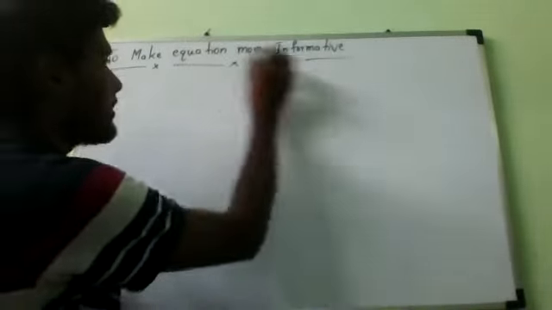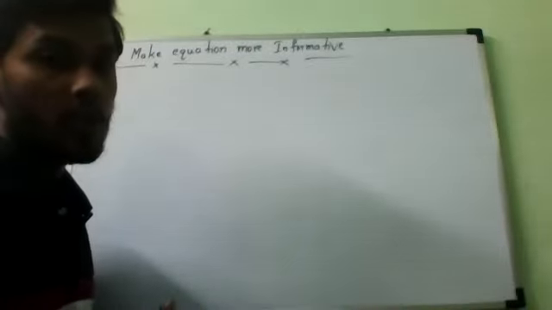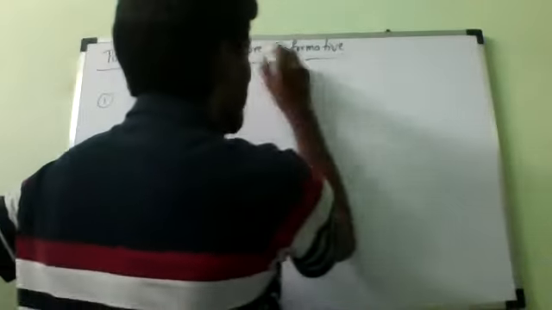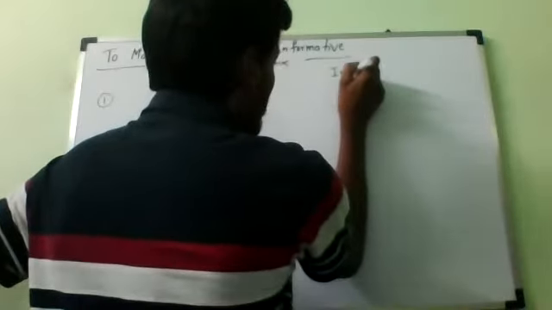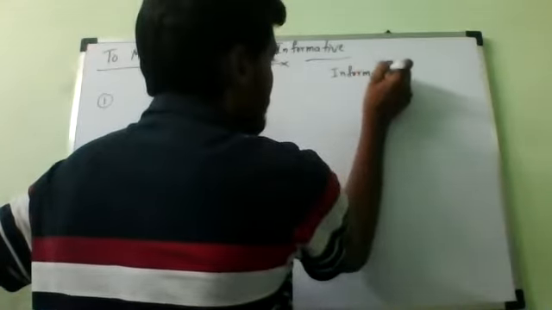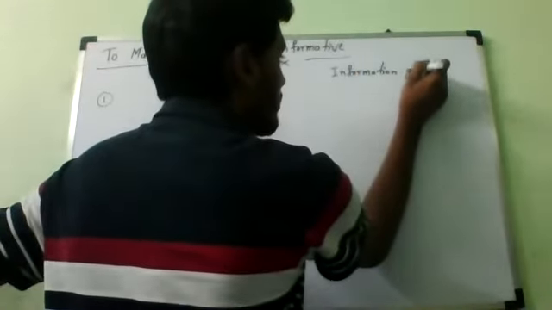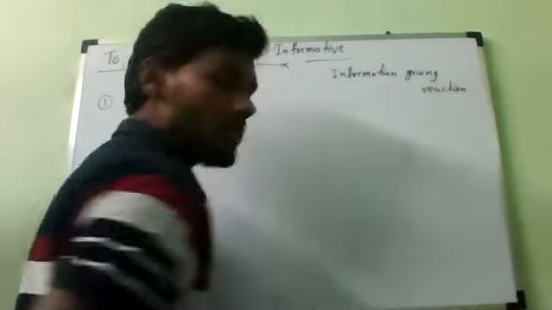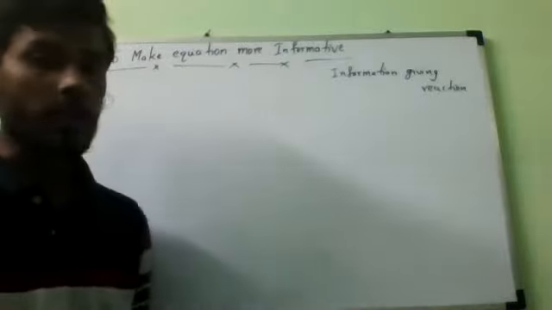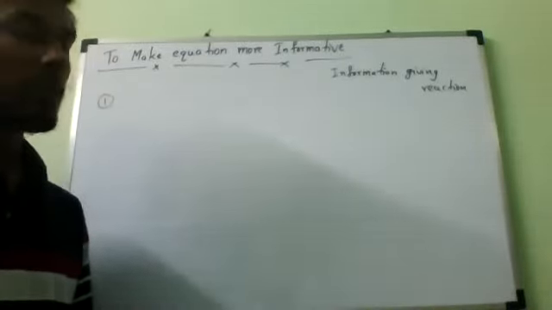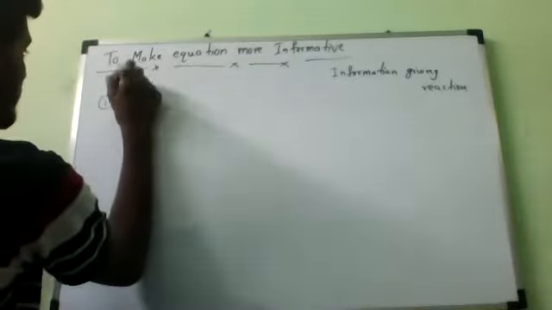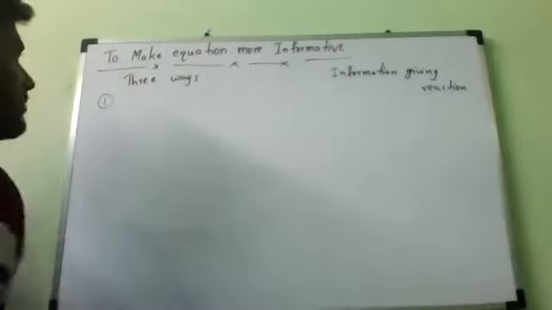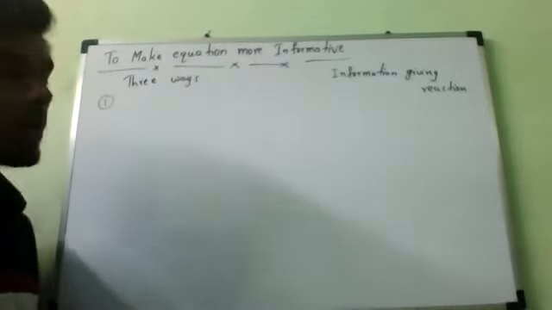That is only known as an information-giving equation, or information-giving reaction. The chemical equation can be made more informative in only three ways. Understand? So we can make this equation more informative by three methods.